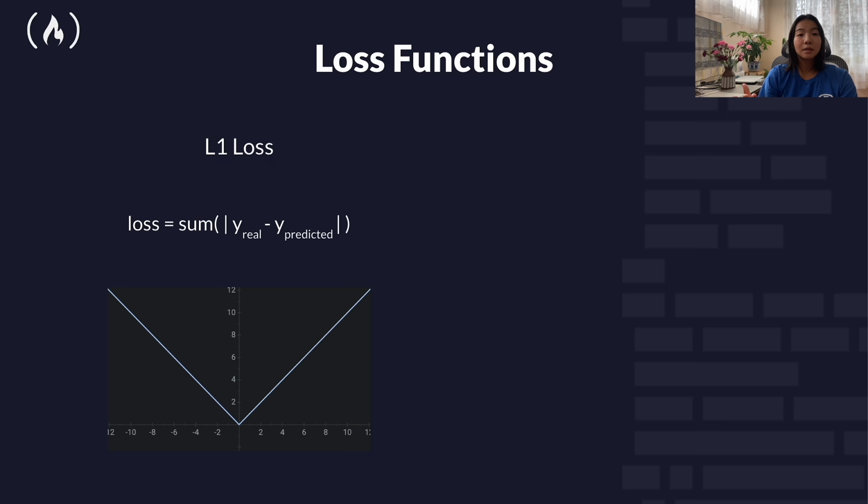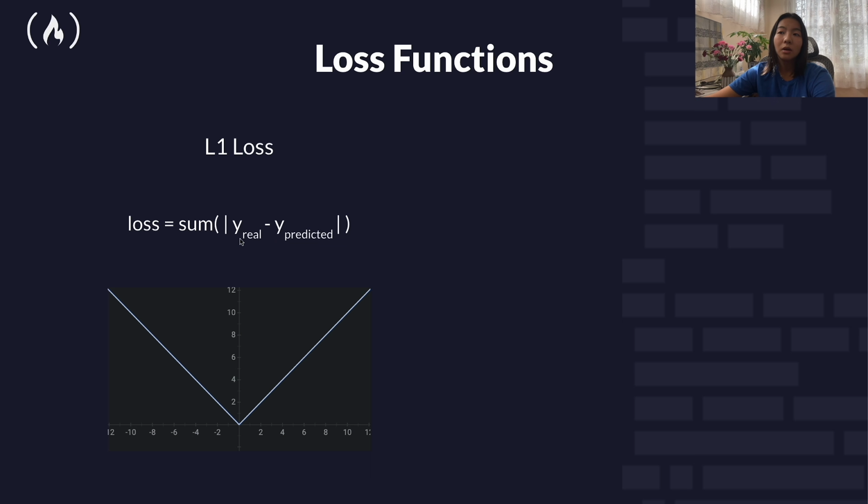So here are some examples of loss functions and how we can actually come up with numbers. This here is known as L1 loss. L1 loss just takes the real output label, subtracts the predicted value, and takes the absolute value of that.